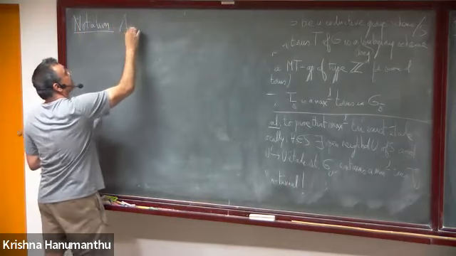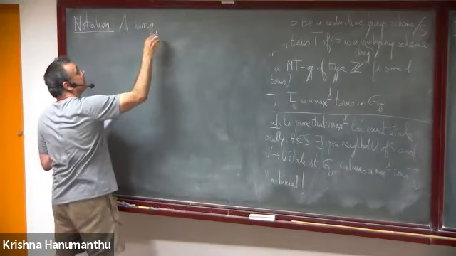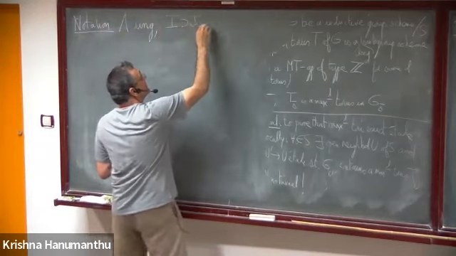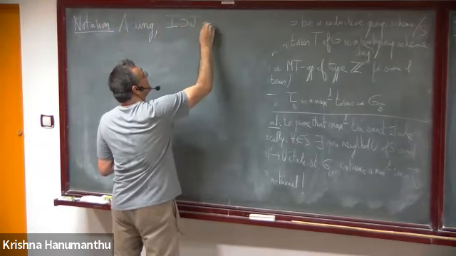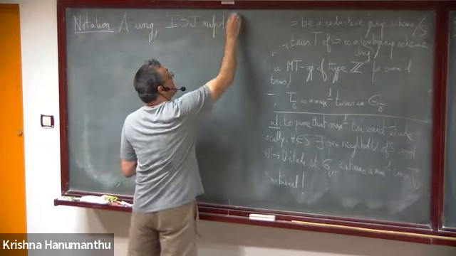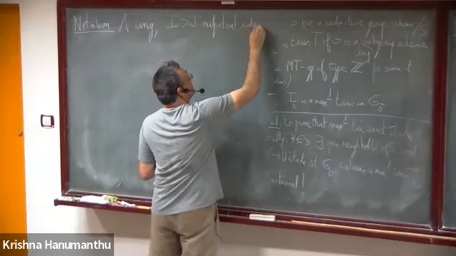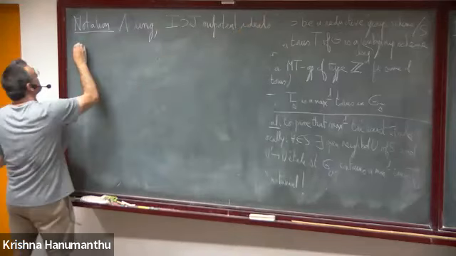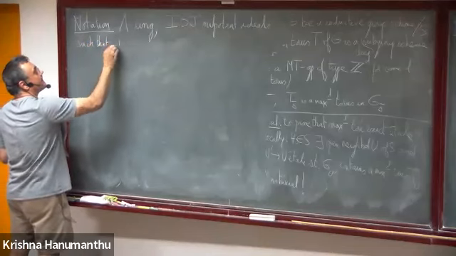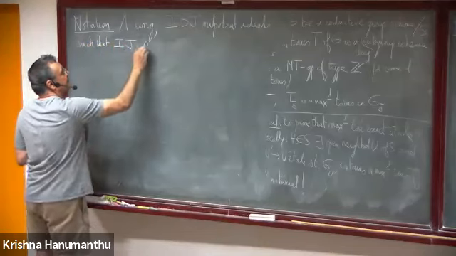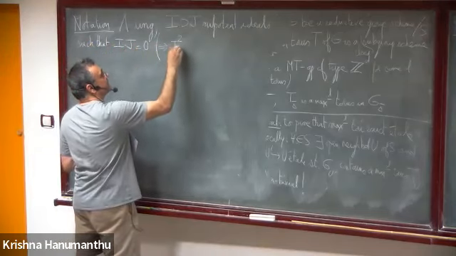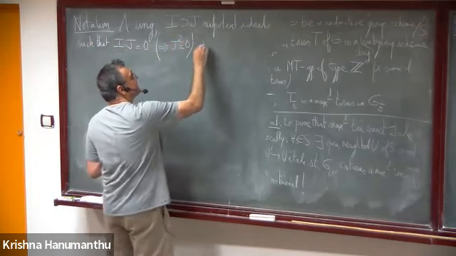Lambda will be a ring, and I contain J will be nilpotent ideals such that the product IJ is equal to 0. So in particular, J squared is 0.